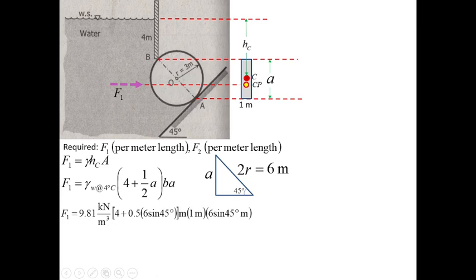And then, ating magiging solution: the unit weight of water at 4 degrees Celsius is 9.81 kilonewtons per cubic meter multiplied by 4 plus 1 half, that is 0.5, A is 6 sine 45 degrees, and then B is 1 meter. So, ito yung ating B.